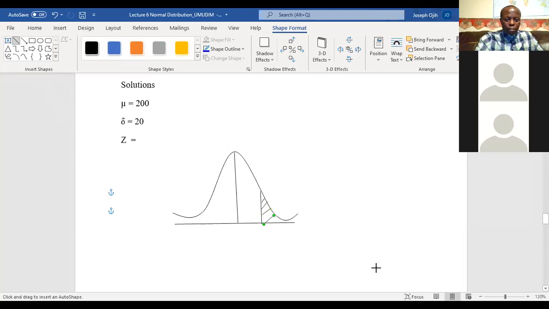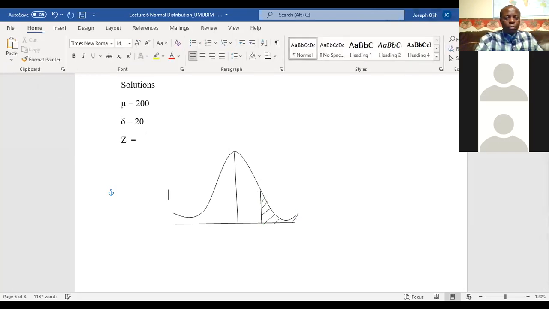And two more, and we'll be done. Last but not the least. Okay, we close it. So this is the top 10%.